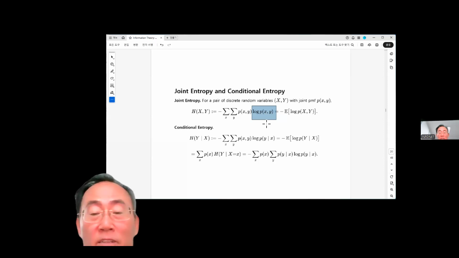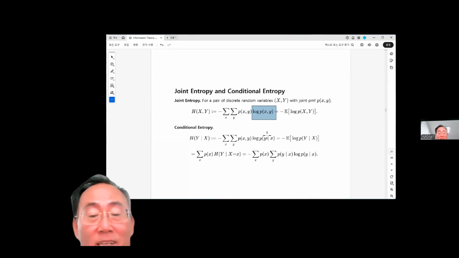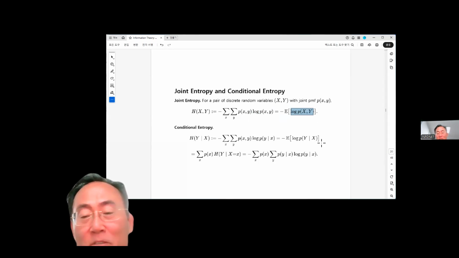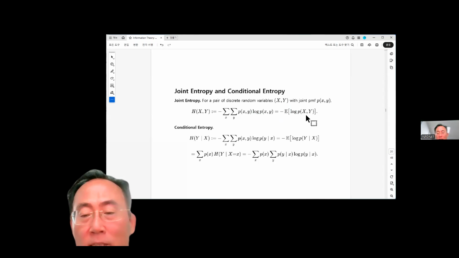If this is a random variable, say Z, then basically that is the expectation of Z, where Z is defined to be log p of x and y. In order to represent that this is a random variable due to random variables X and Y, we write this with capital letters.